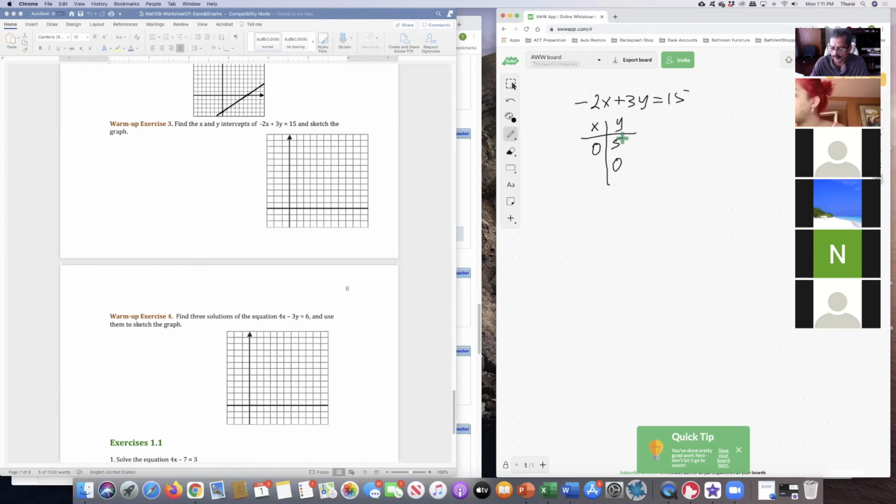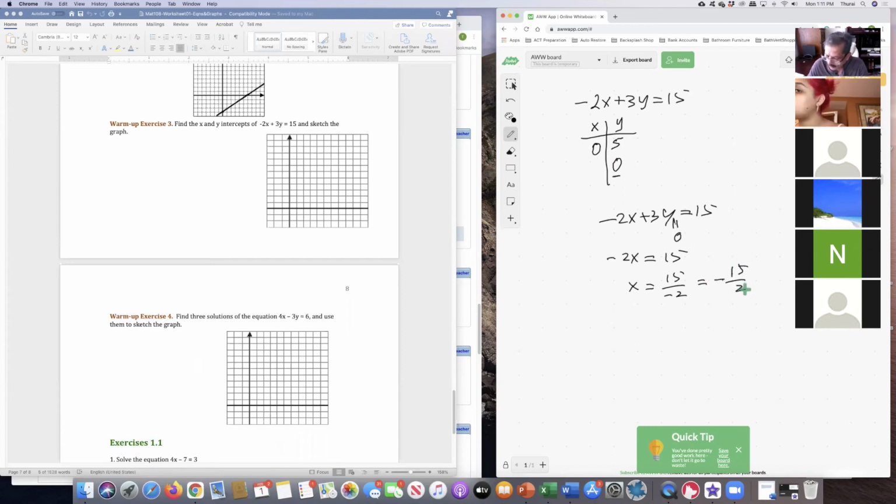So for those who don't see it, I'm going to show you. -2x plus 3y equal to 15. I'm going to plug in y equal to 0. That gives you negative 2x equal to 15. So dividing by negative 2, x equal to 15 over negative 2, which is equal to negative 15 over 2.